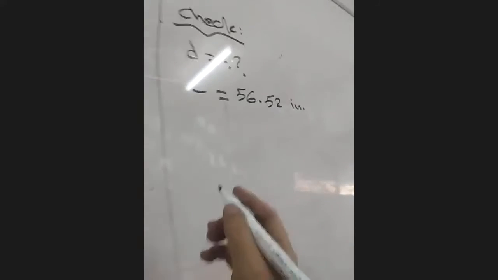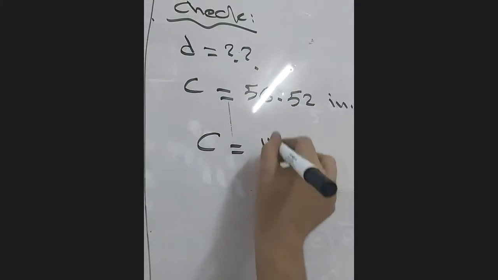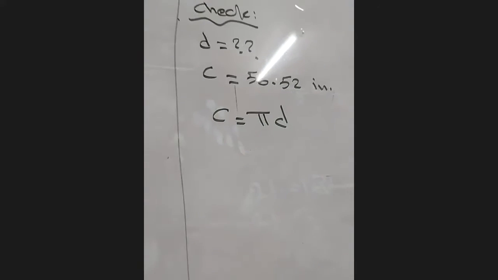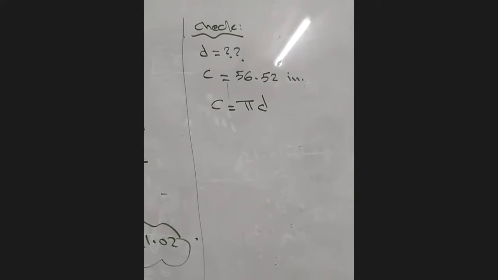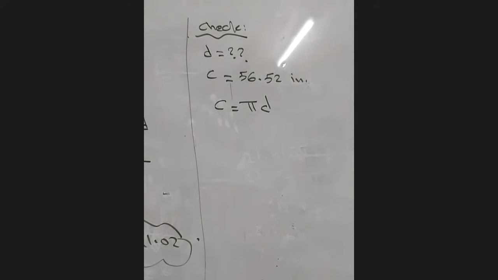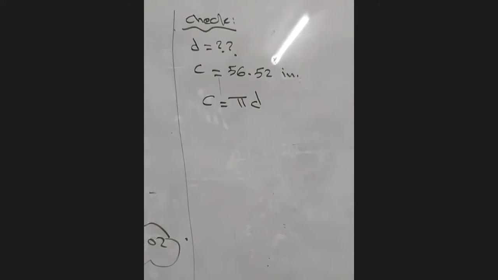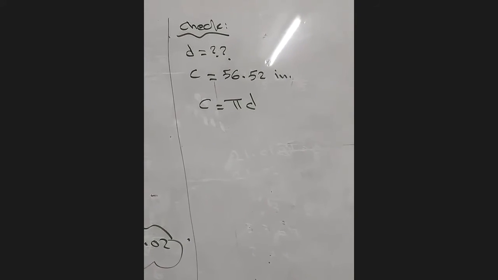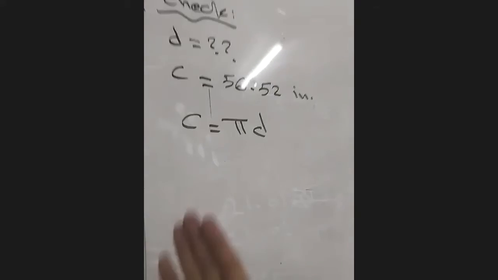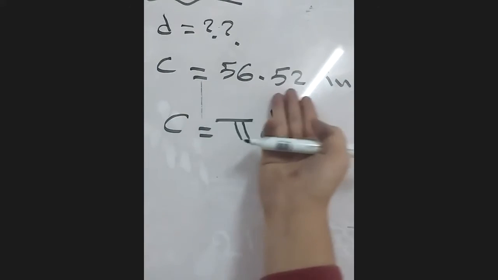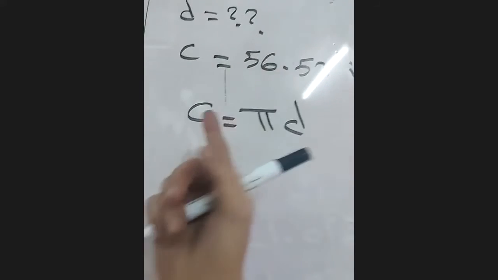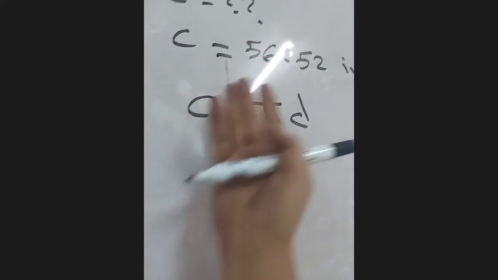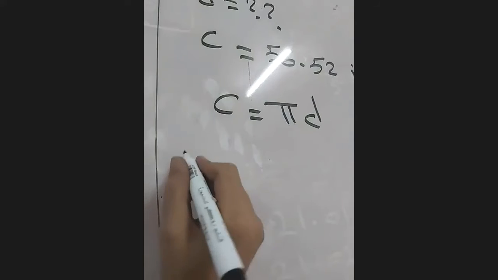So I'll put it. C equals pi multiplied by what? C equals pi multiplied by the diameter. Now, the C is given, how much? 56.52. Under the C, I replace the C by its value, right?